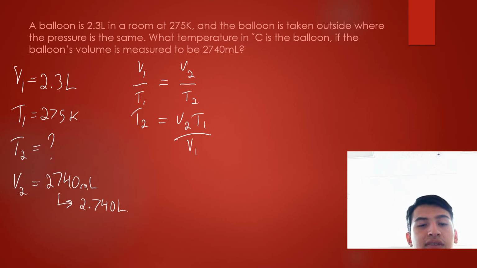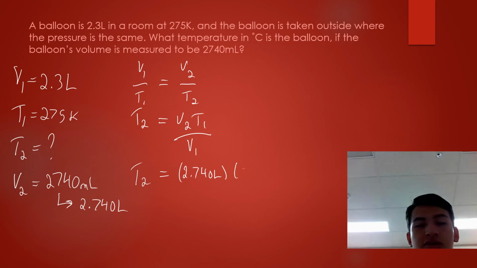So now that I have the equation, I can substitute my values in. Volume 2 is 2.740 liters, times temperature 1, which was 275 Kelvin, all over volume 1, which is 2.3 liters.